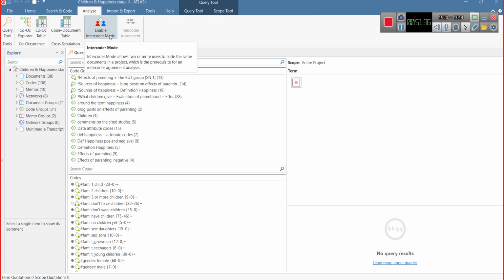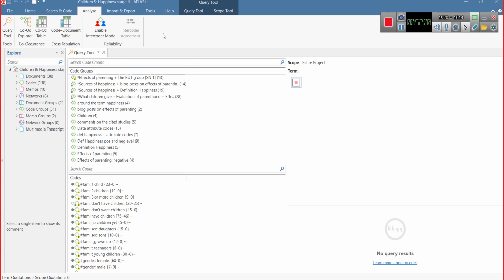through more than one coder, enabling an intercoder mode, so you can investigate the reliability of the coders. Some qualitative researchers like Silverman believe that you should have some kind of internal consistency in your coding.